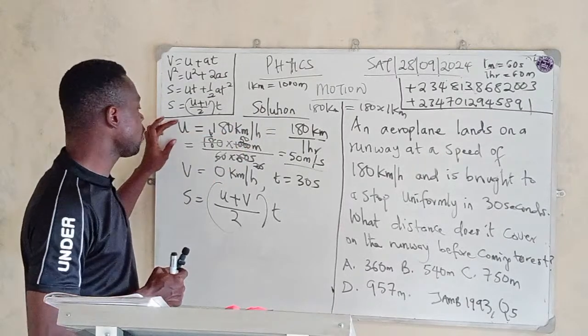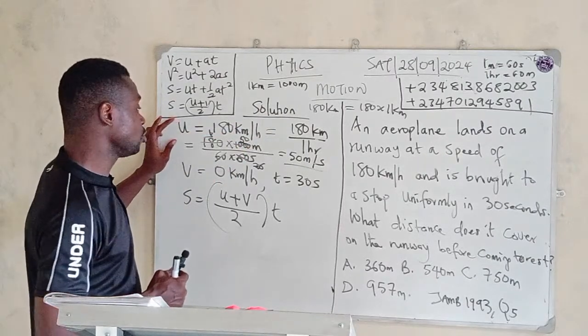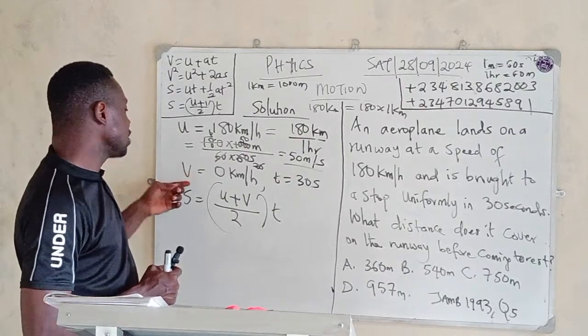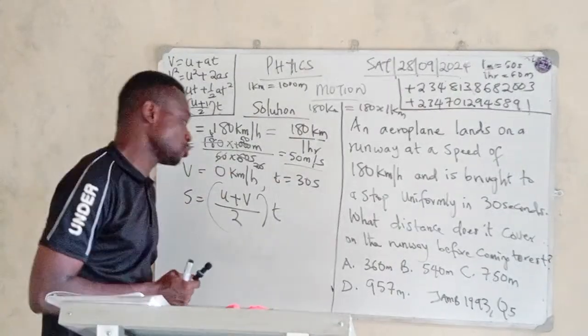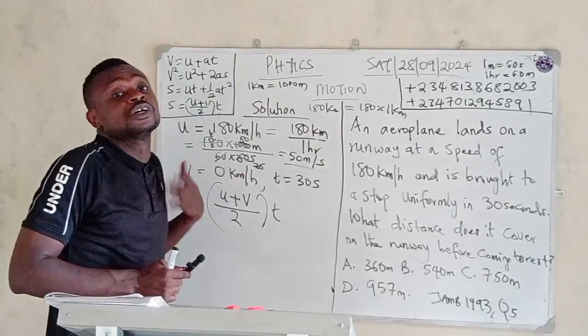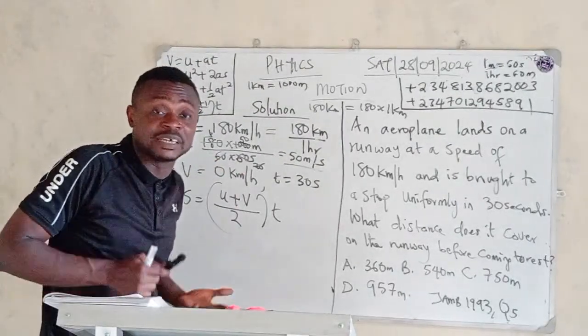So we have gotten our initial velocity to be what? 50 meters per second. Final velocity is 0. It doesn't matter because everything is still 0, so this can also be regarded as meter per second.